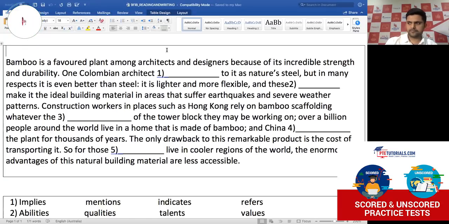All right, hope you're done with the reading part. So let's see how to solve this one.